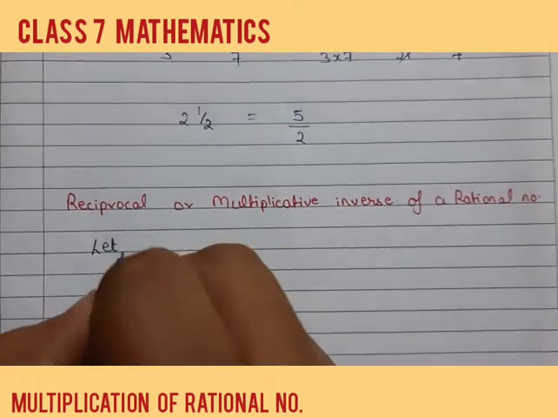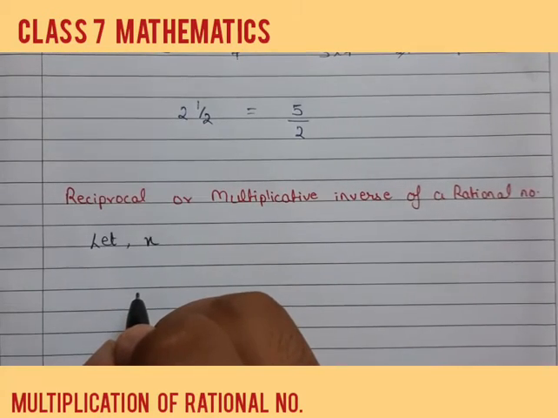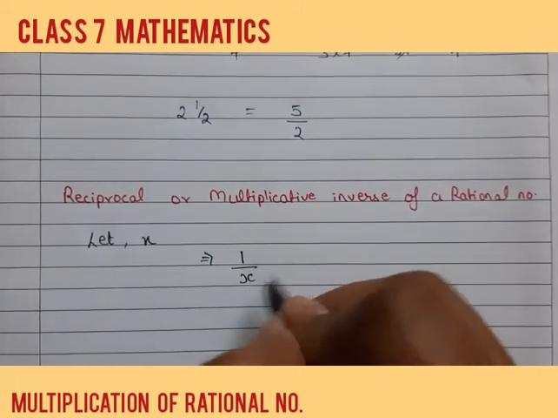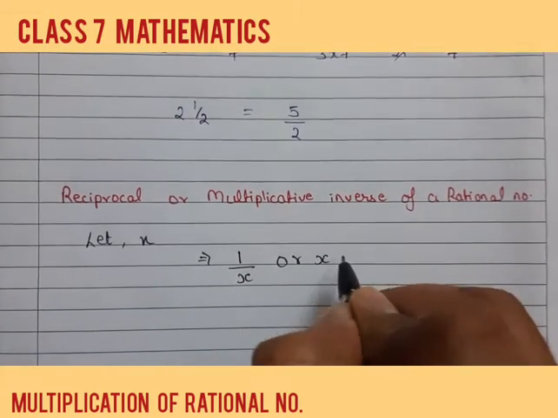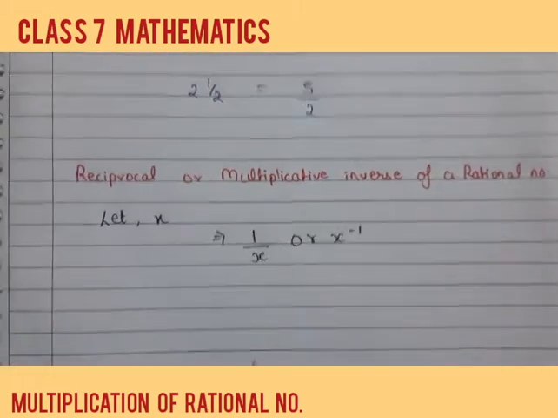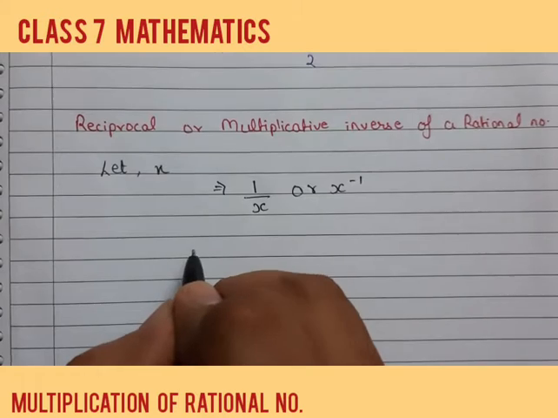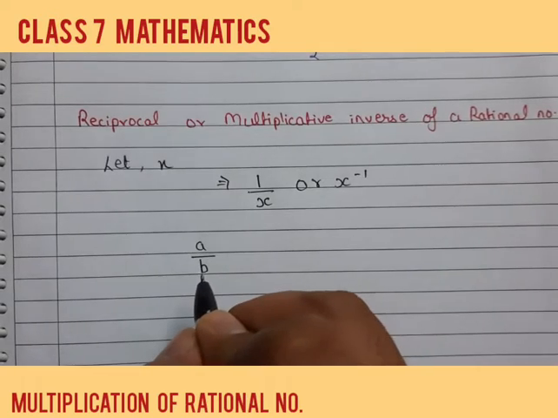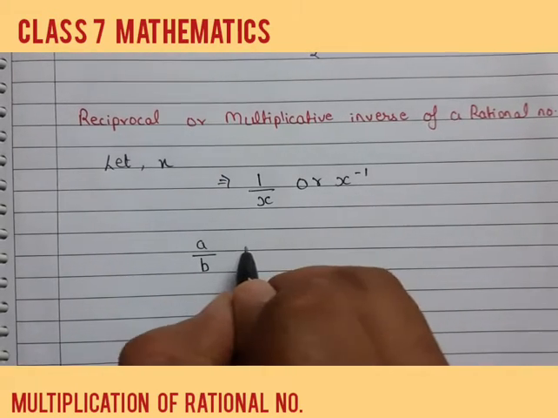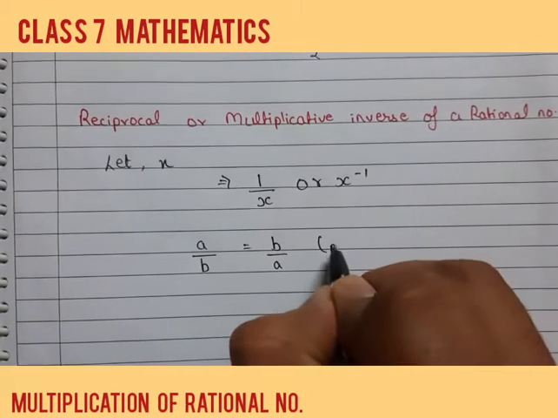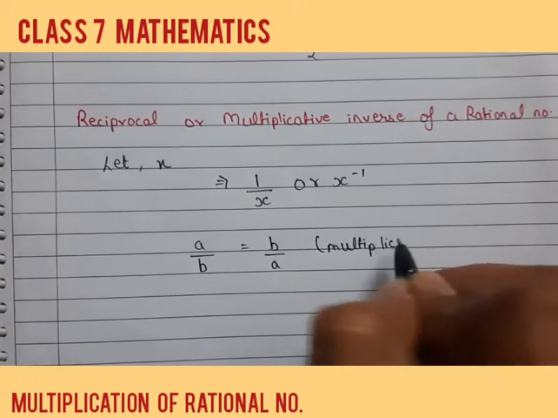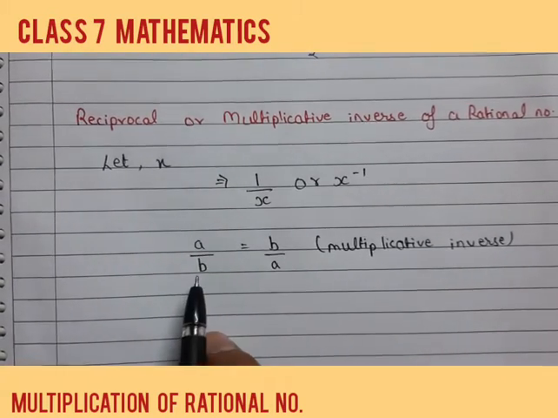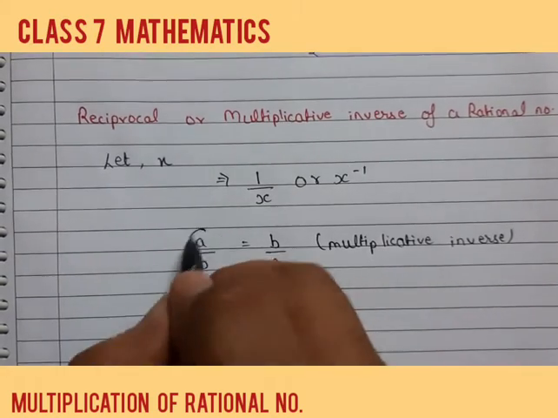For a rational number in standard form a upon b, its multiplicative inverse will be b upon a. That is just the opposite or inverse of the original value.